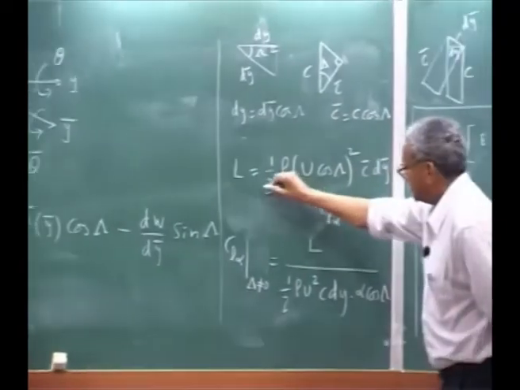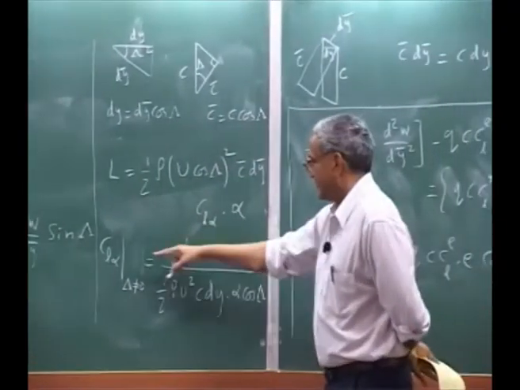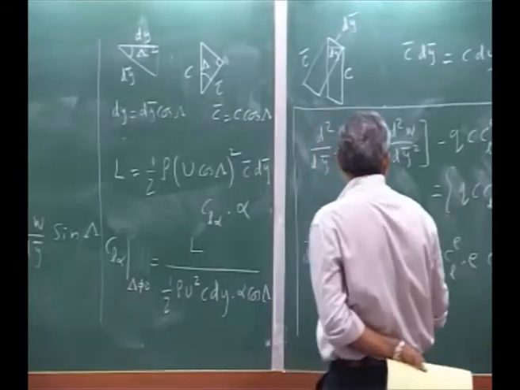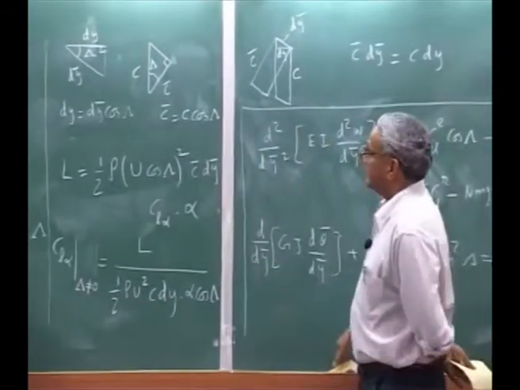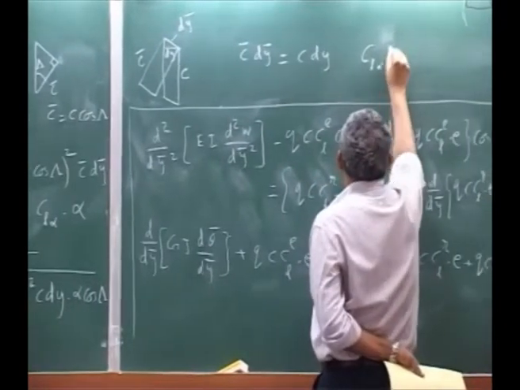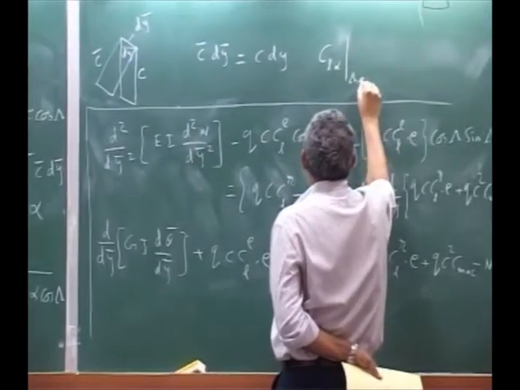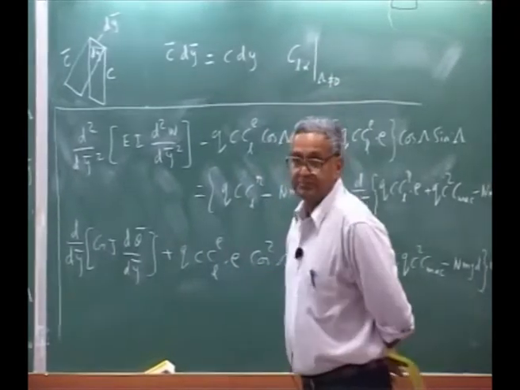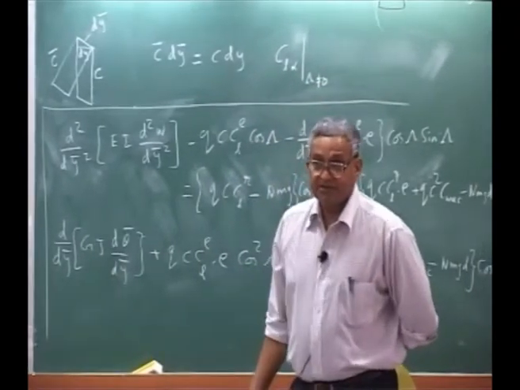Now if I substitute this lift here, I will get an expression for CL alpha for lambda not 0, streamwise.